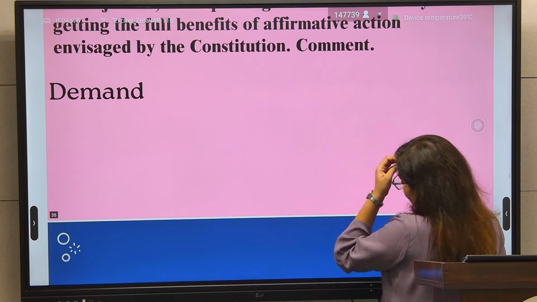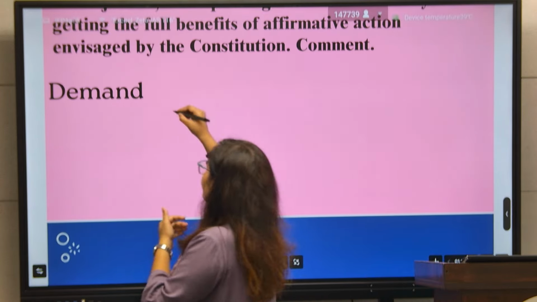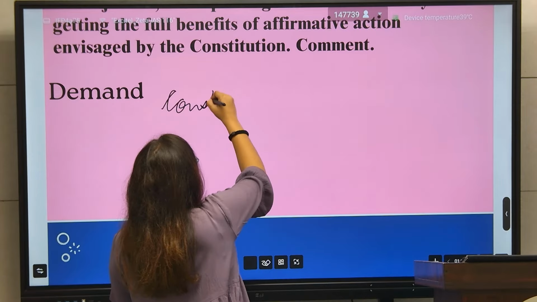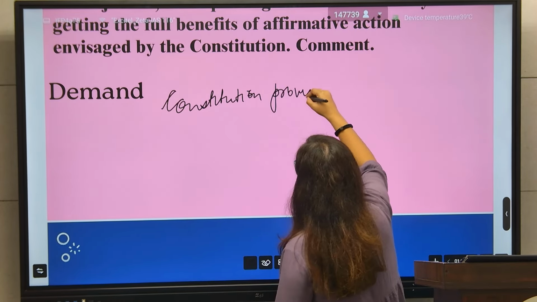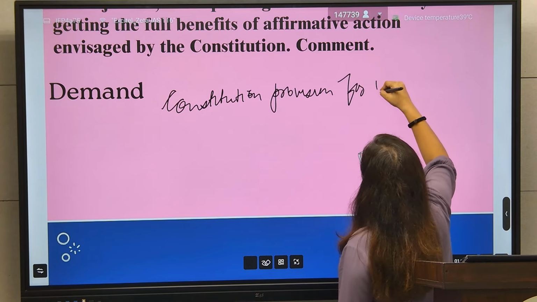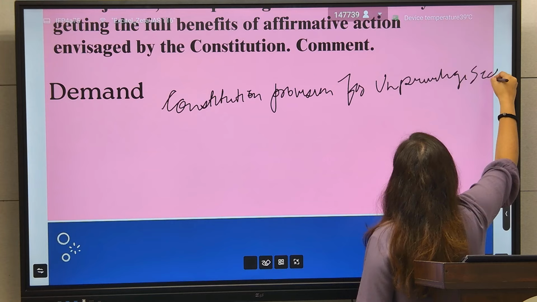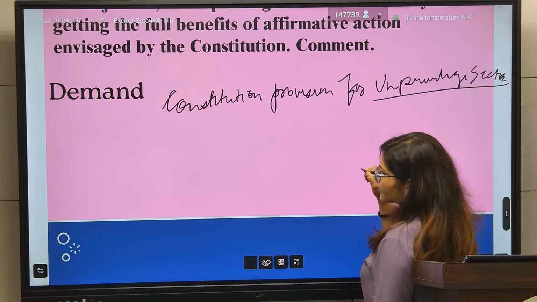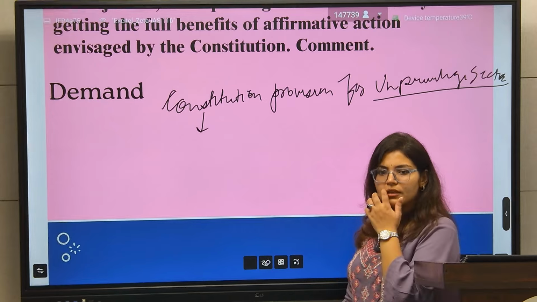Now, the best way to start this question is with constitutional provisions for underprivileged sections. So who are the underprivileged sections? SC, ST, OBC. So what are the constitutional provisions given?